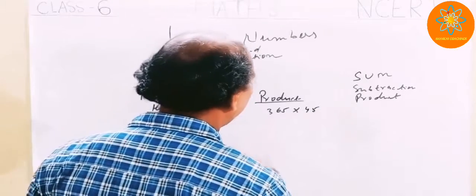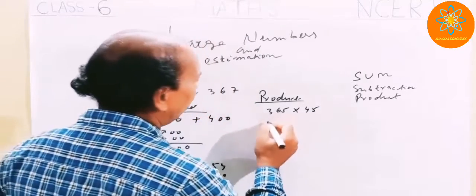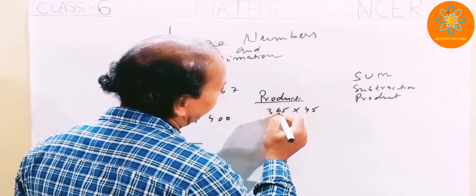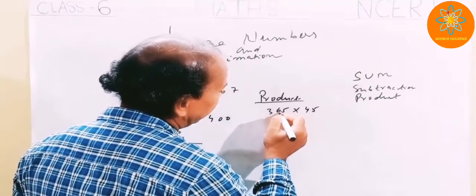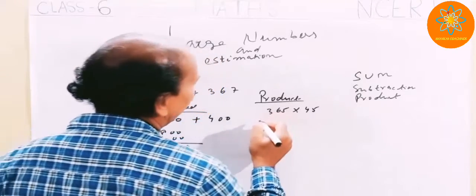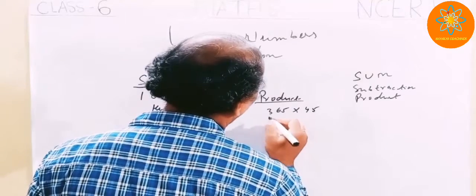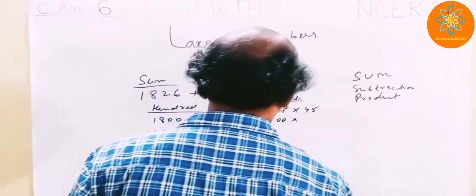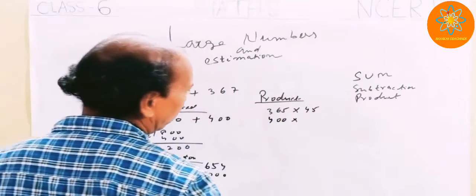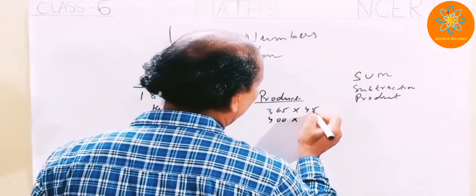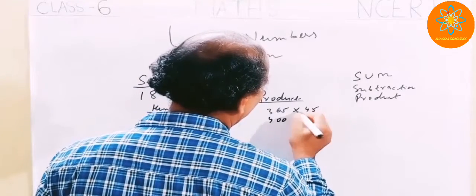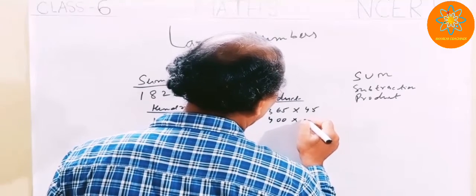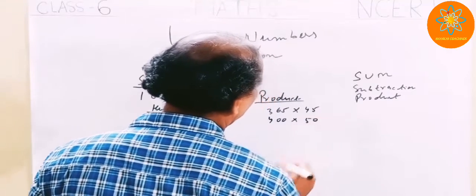If I consider the tens place, here it is 6, so it will be 400, and for 45, the 5 is there, so it will be changed into 50.